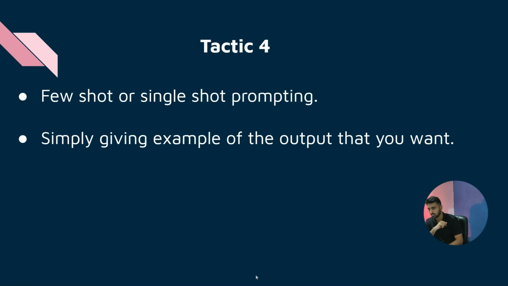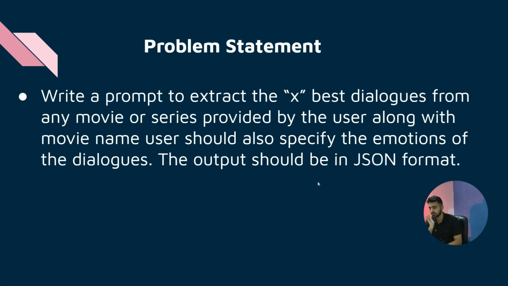Okay, so the problem is we have to write a prompt to extract some dialogues from a movie or a series provided by the user. The user will also specify the emotion of the dialogues he or she wants, and we have to return a JSON format.